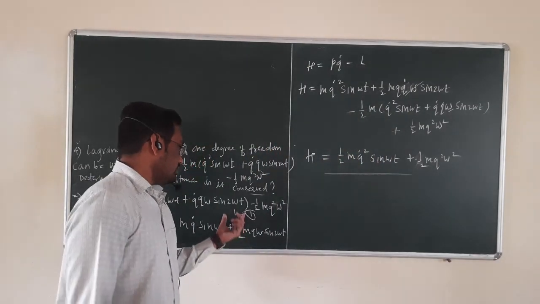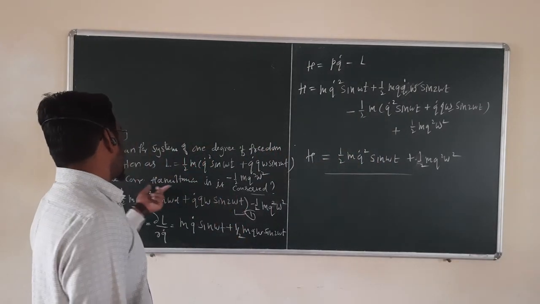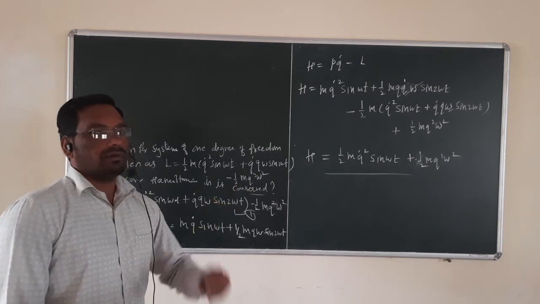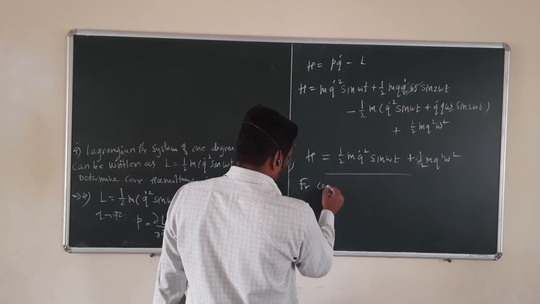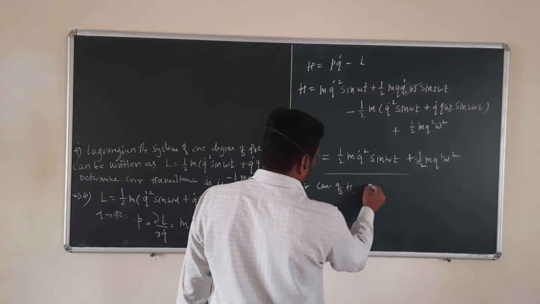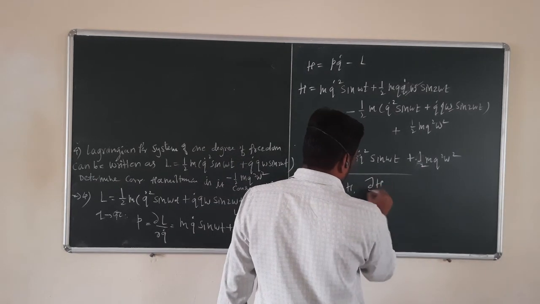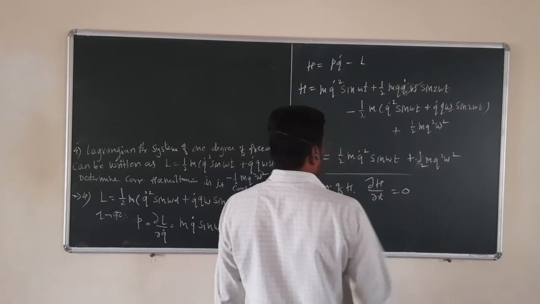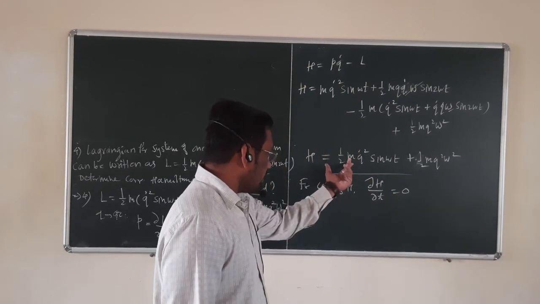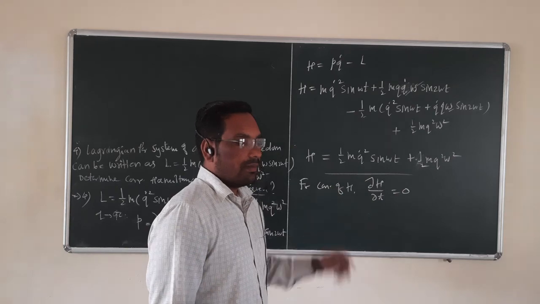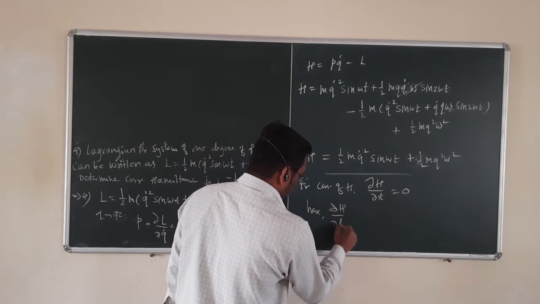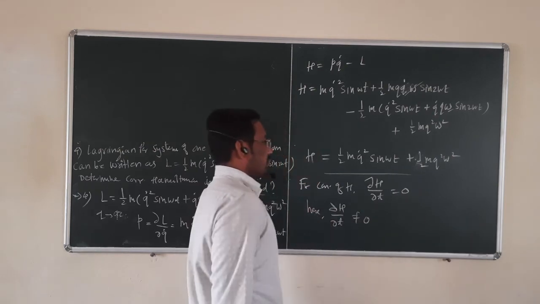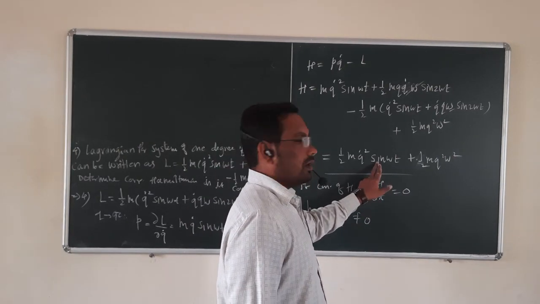Now the next part: is it conserved? For conservation of the Hamiltonian, the partial derivative of the Hamiltonian with respect to time should be equal to 0. If you take the derivative of this with respect to time, the partial derivative of the Hamiltonian with respect to time is not equal to 0, since we have a sine omega t term.